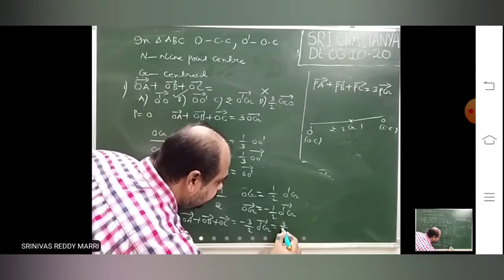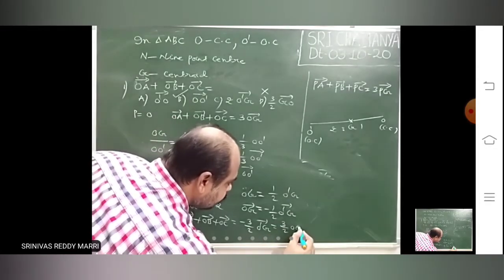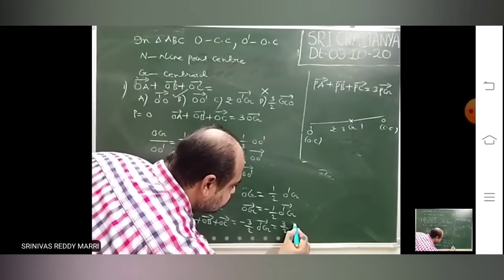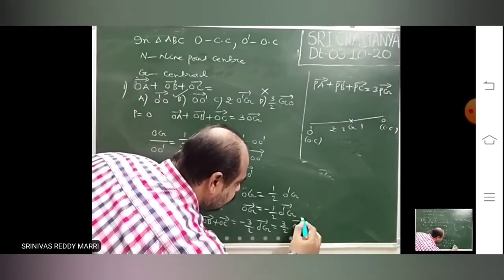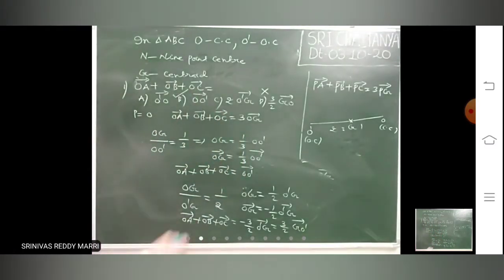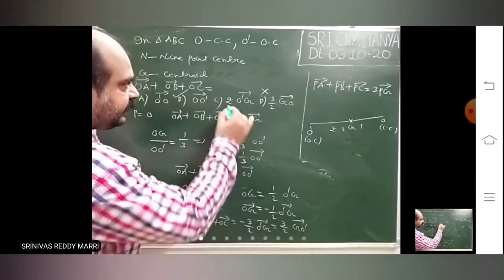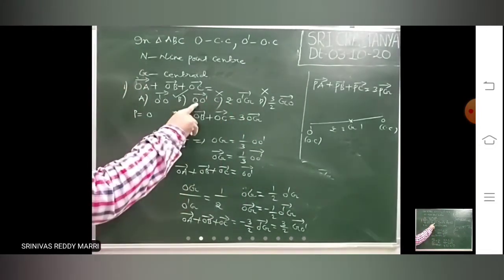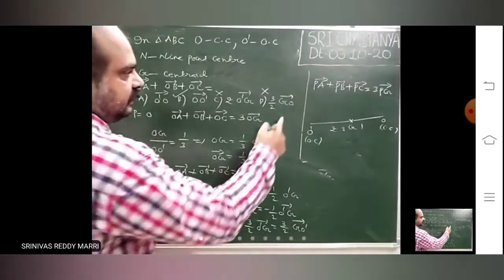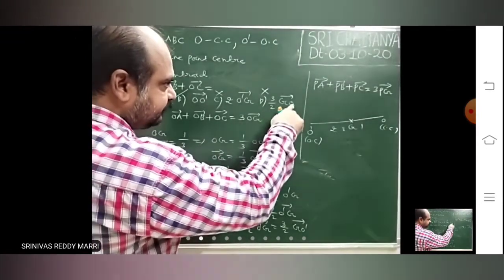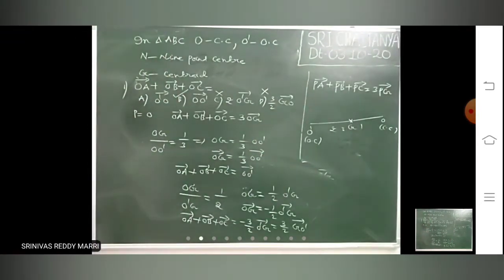That means if you take out minus, G O dash bar, so if that is given, that is correct. 3 by 2 G O dash bar is correct.